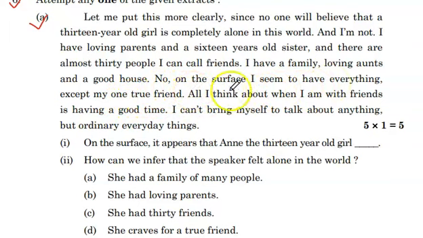No, on the surface I seem to have everything, except my one true friend. All I think about when I am with my friends is having a good time. I can't bring myself to talk about anything but ordinary, everyday things.